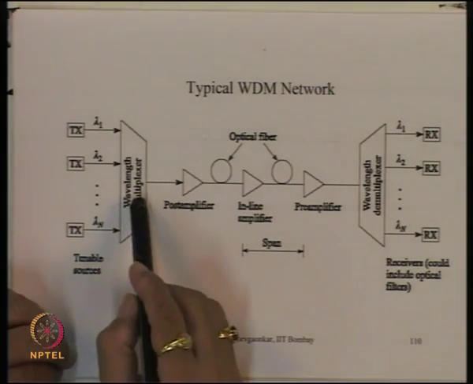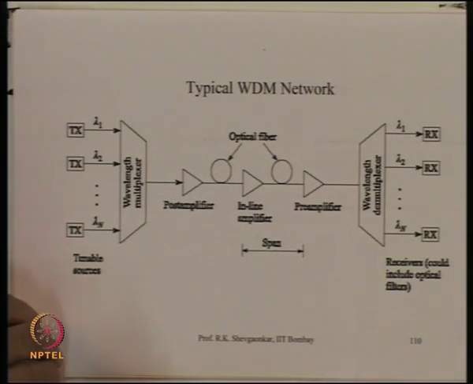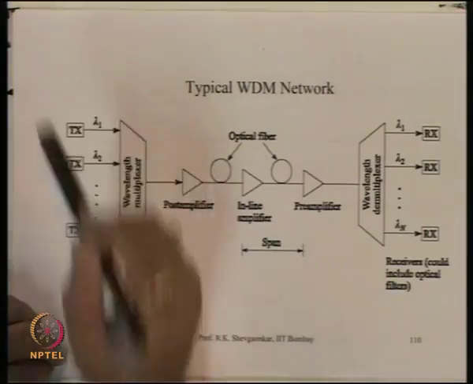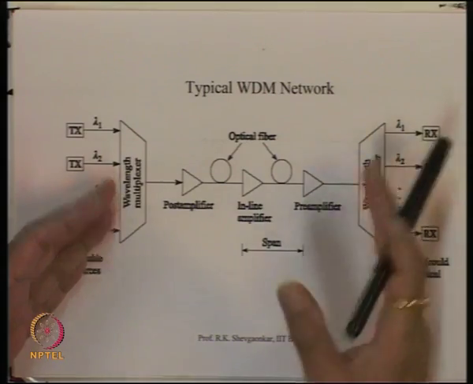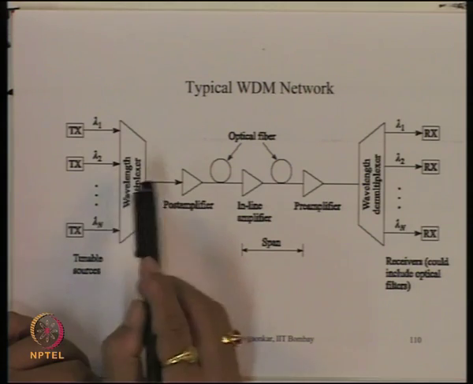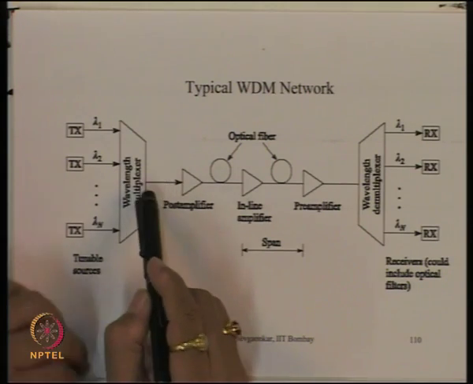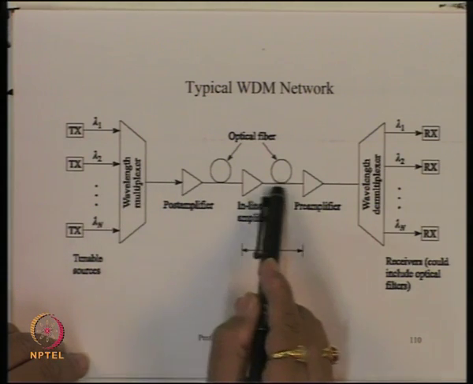The system we are talking about here is still point to point as far as optical communication is concerned. You may have a complex network here, but the optical network, which is this, is still point to point. The whole multiplexed data on different wavelengths is modulated and given to this optical fiber, and the signal travels on this optical fiber link.